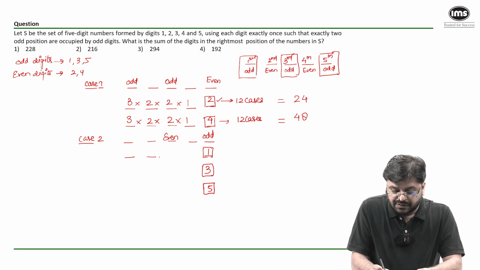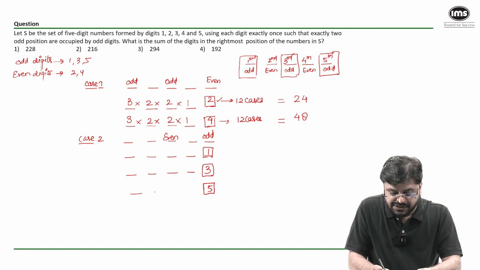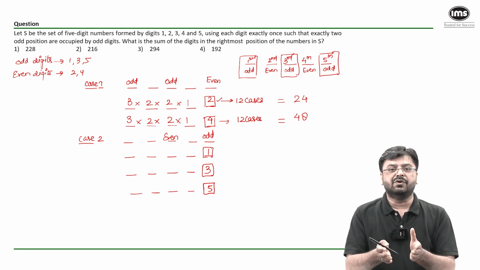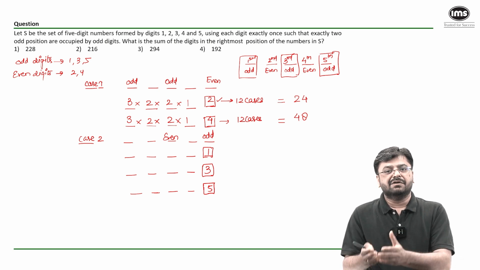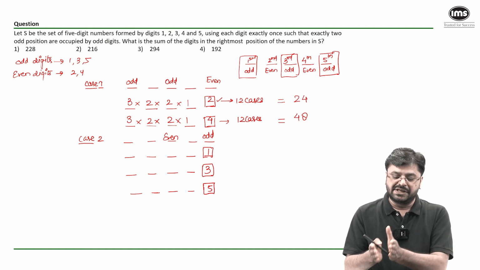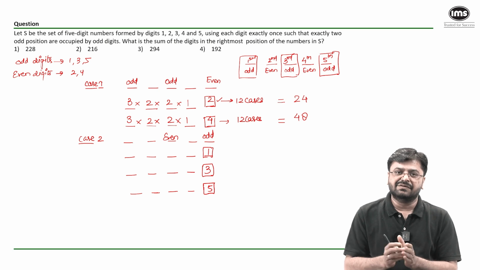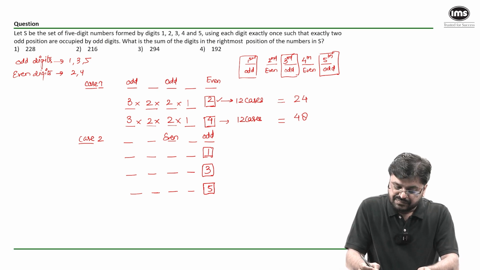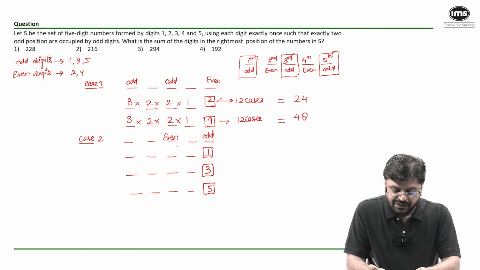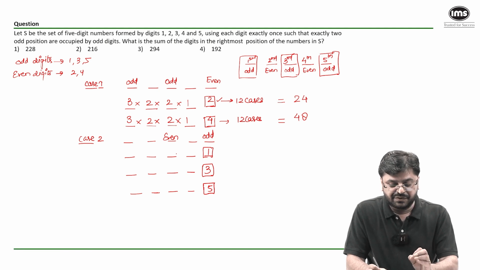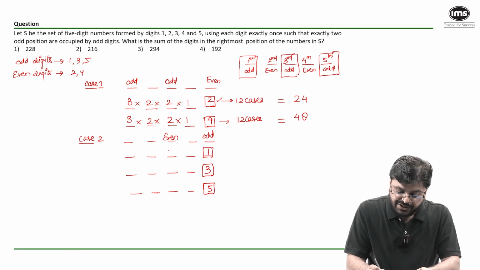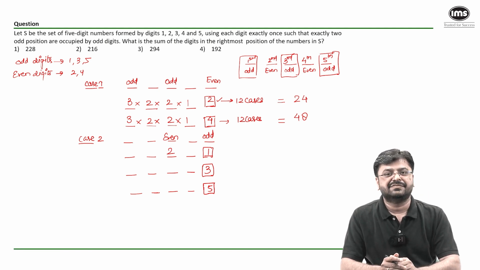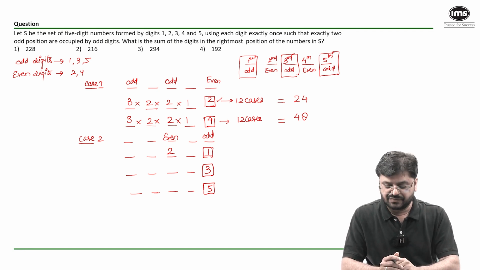Now, for the remaining 4 places, in how many ways can we fill these remaining places? Because the number of ways in which we can fill the remaining 4 places will be the number of cases where these digits will stand at the unit place. So if I want to fill the third position with an even digit, this can be done in 2 ways. Either I'll be putting 2 here or I'll be putting 4 here.